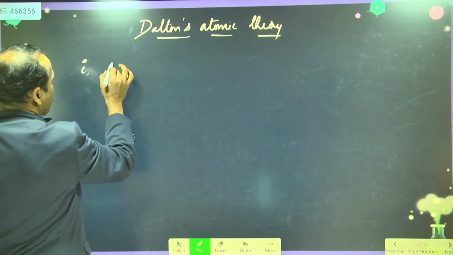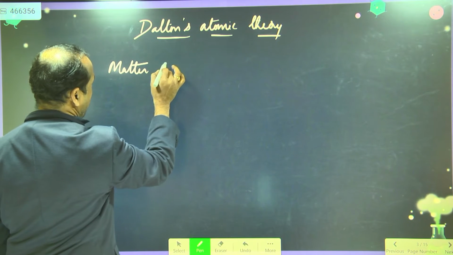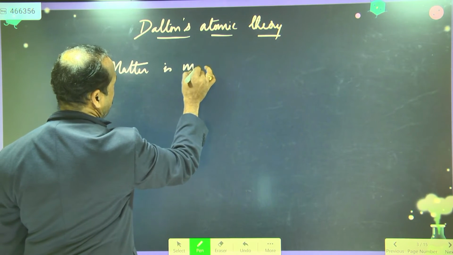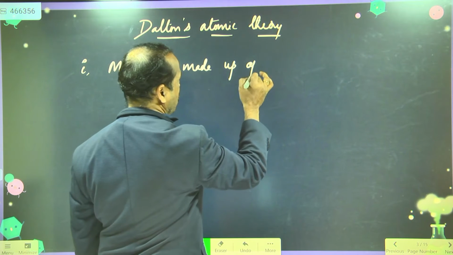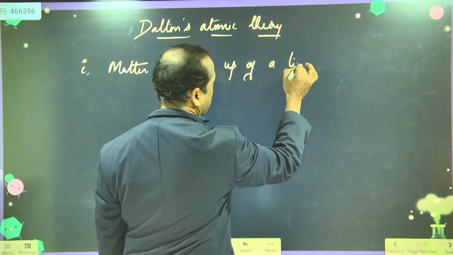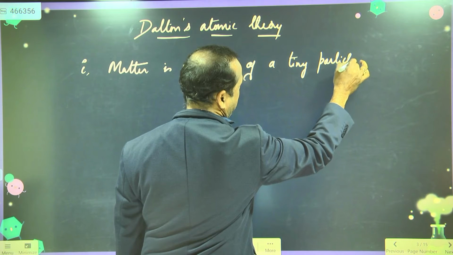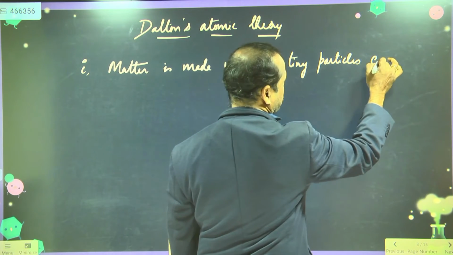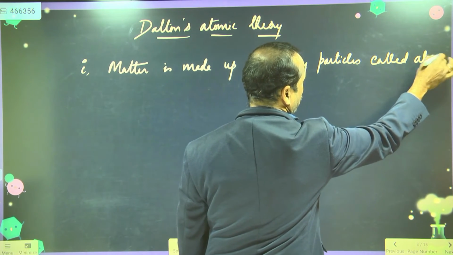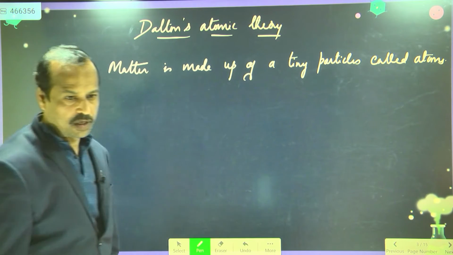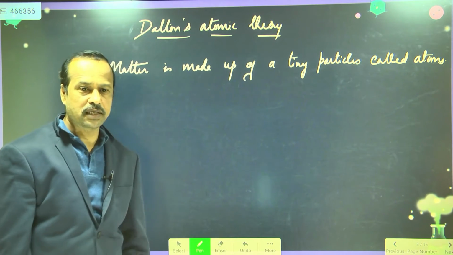Any matter is made up of tiny particles called atoms. So this is an old point only, the new concept is not there. The first point is that matter is made up of tiny particles called atoms.